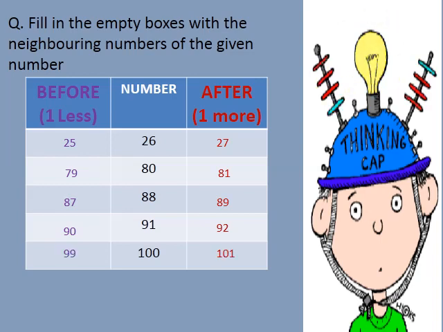Now here even if we are talking about a three-digit number, the number before 100 is 99 and the number after 100 is 101. So children, in this way, by taking one less and one more of the given number, we can find out the neighboring numbers of the given number.